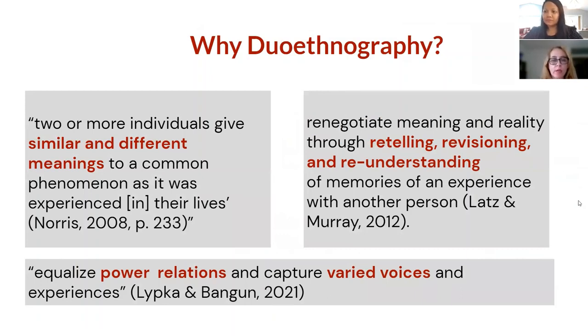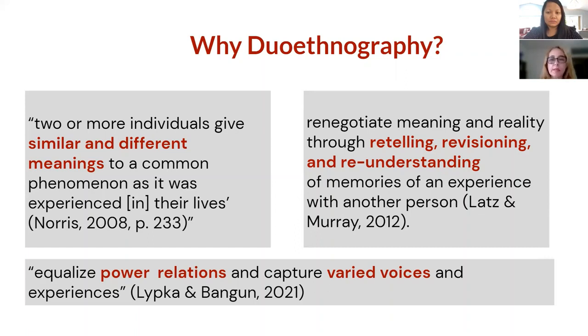Digital duoethnography is a relatively new research method. It was initially introduced by Sawyer and Norris to study how two or more individuals give similar or different meanings to a common phenomenon as it was experienced in their lives.